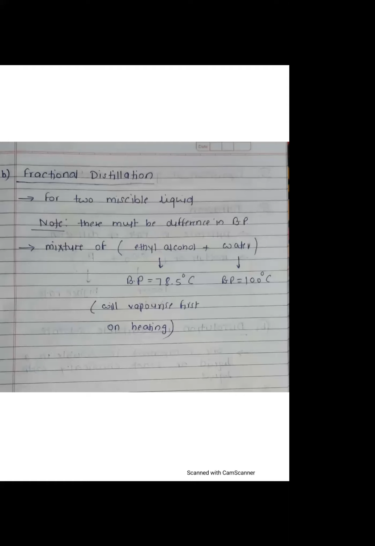Yes, there should be a difference in boiling point. There are some other methods also. In that case, it depends, beta, on factors like hydrogen bonding, which you will study later. For now, focus on this. Okay, sir. Thank you, sir.